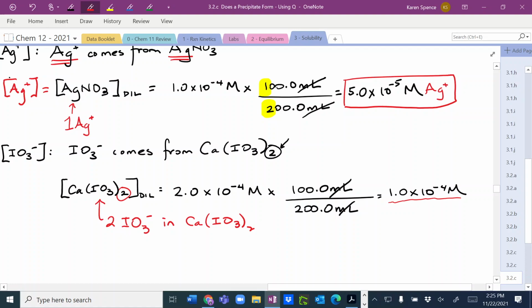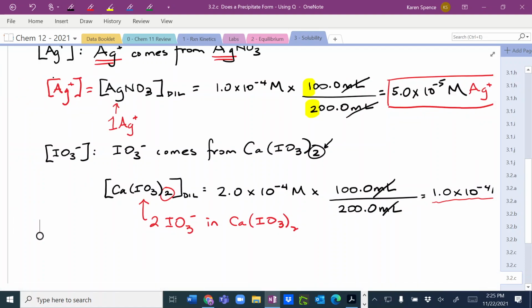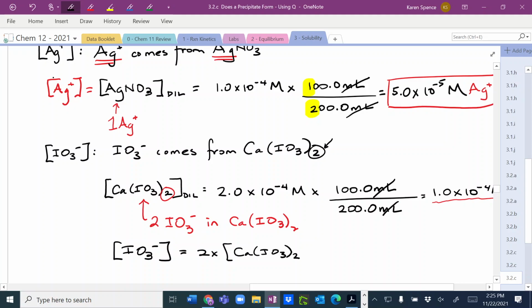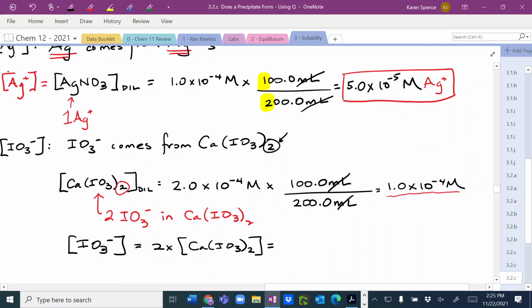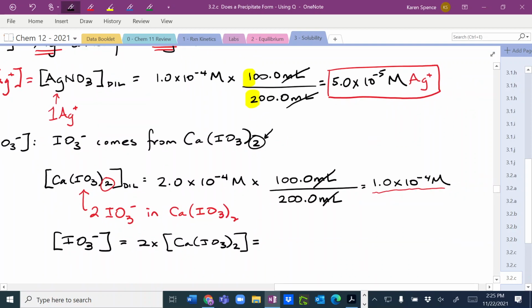I'm going to have to double it. So concentration of iodate is going to be twice the concentration of Ca(IO3)2, which is 1.0 times 10 to the minus 4 times 2, which is 2.0 times 10 to the minus 4, and that is iodate, IO3 minus.